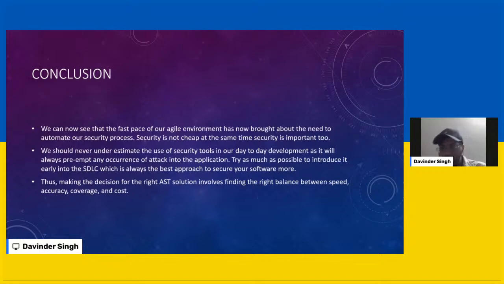We know the agile environment, so right now there are a lot of big applications which will be deployed in the agile environment. It will go step by step. Some patches will be deployed, one part of the application will be deployed, then the second part of the application will be built.